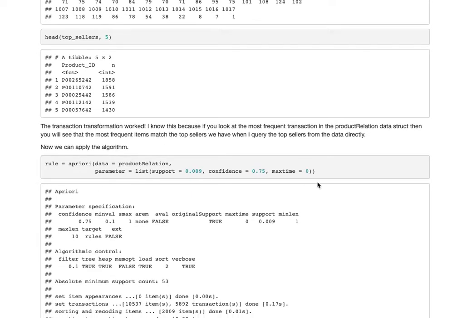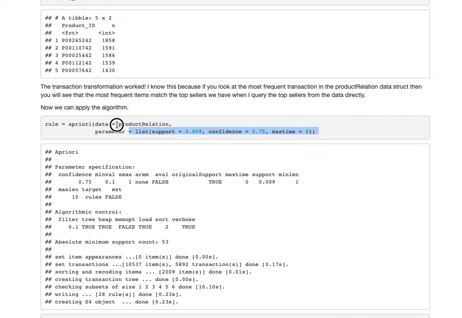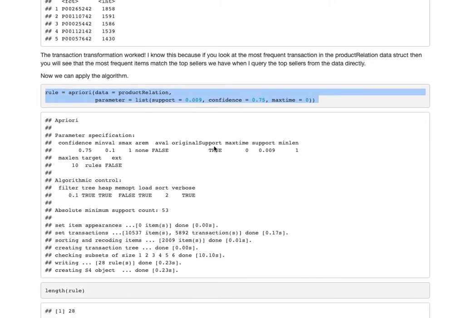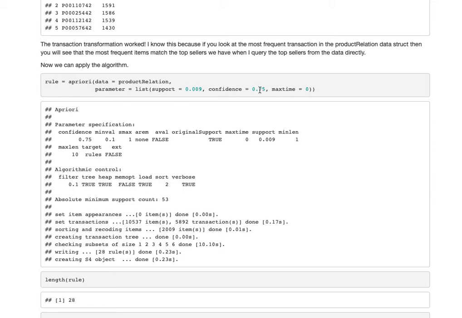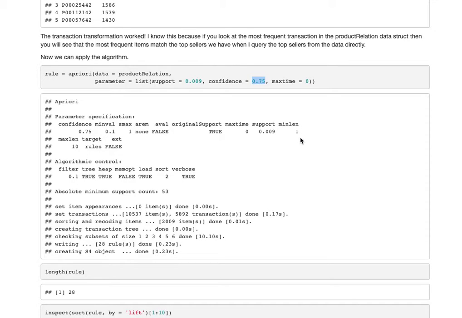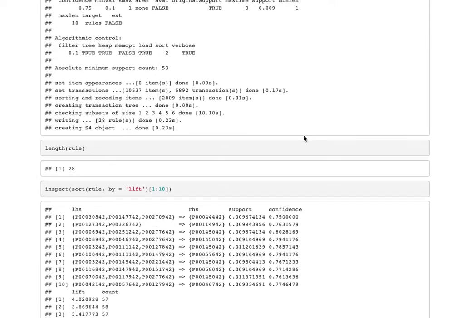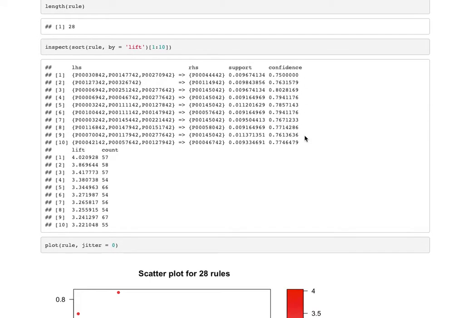This is me testing the a priori matrix when I'm looking at products with the product relation. I had to lower my confidence so that I can say that with 75% confidence, these things hold. And these things specifically are right here.